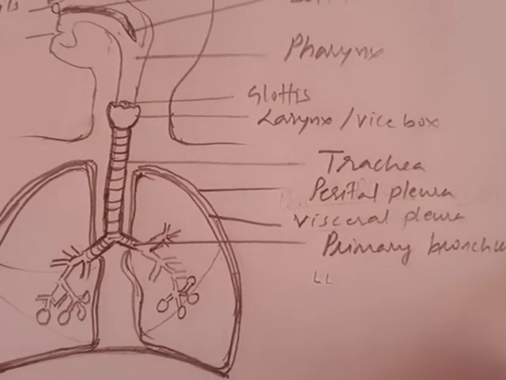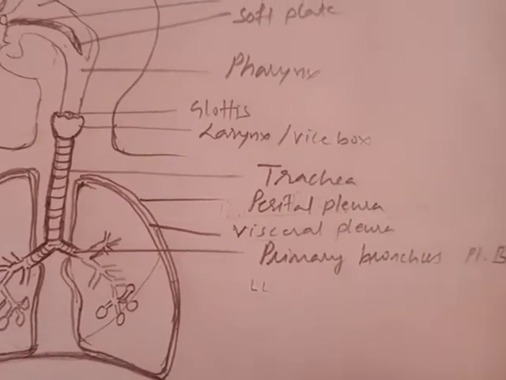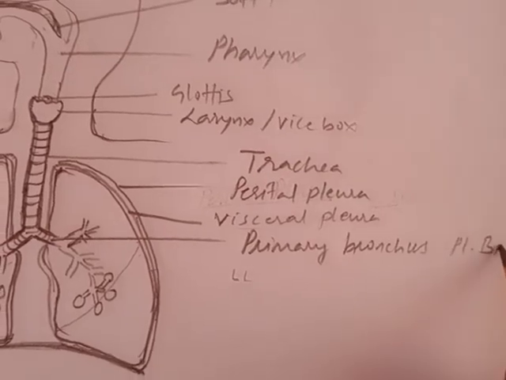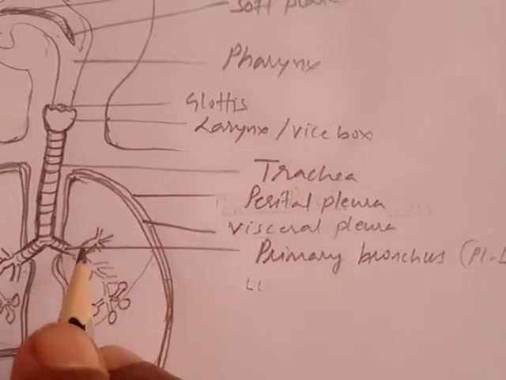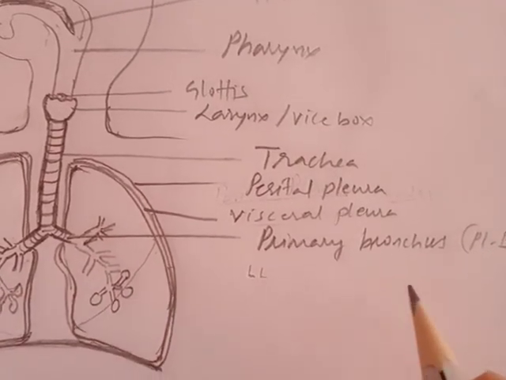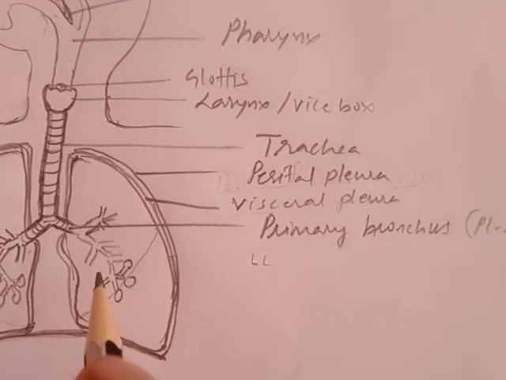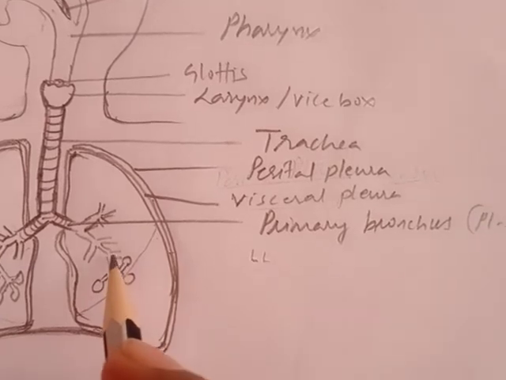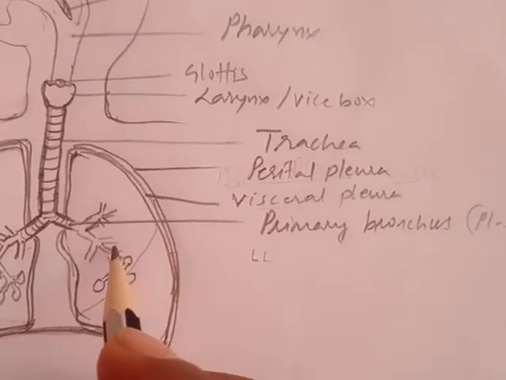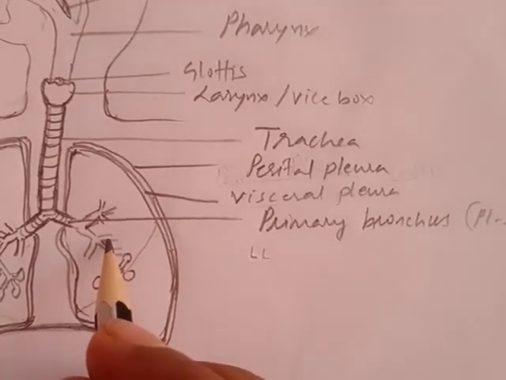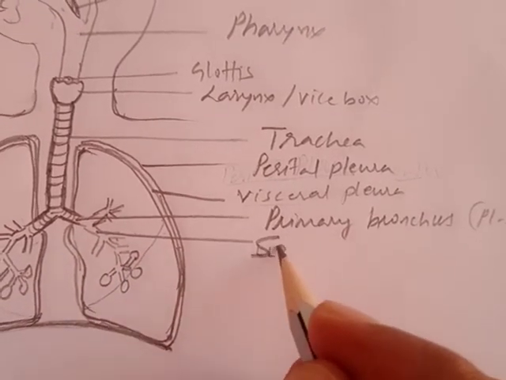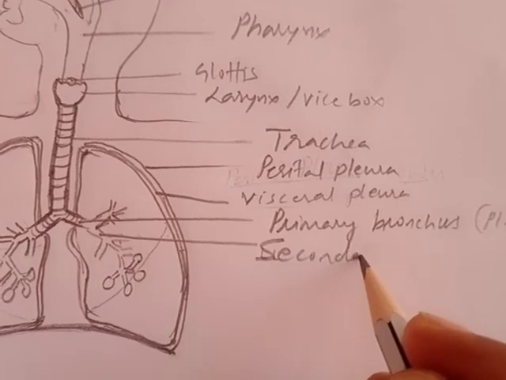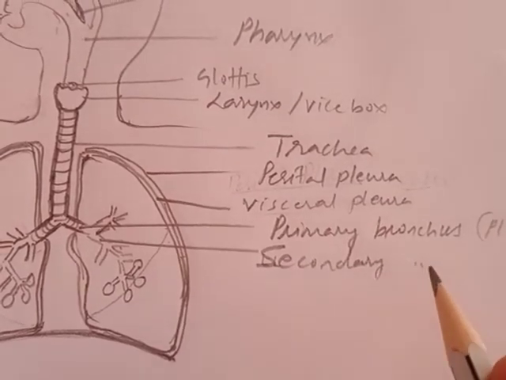So singular I have shown, primary bronchus. And the next branch is called the secondary bronchus.